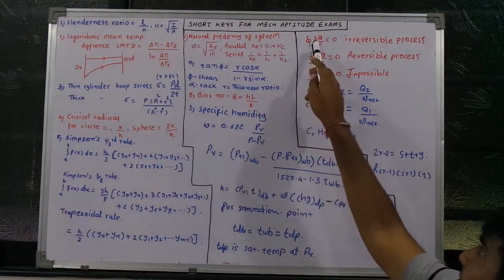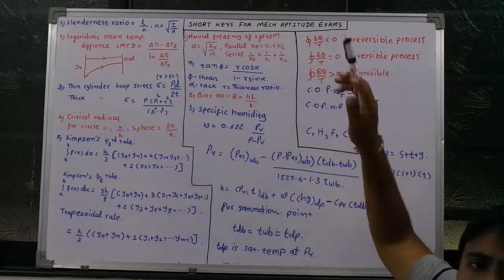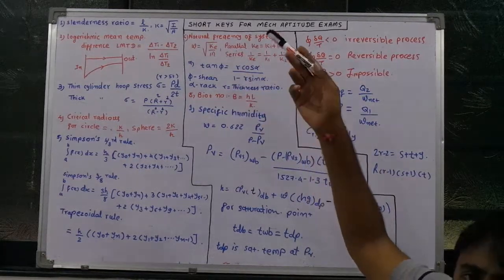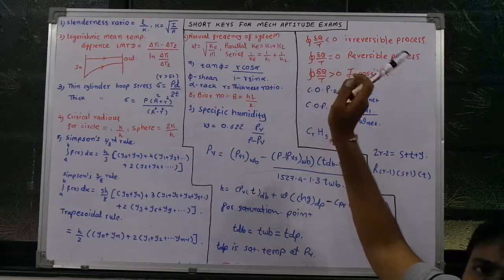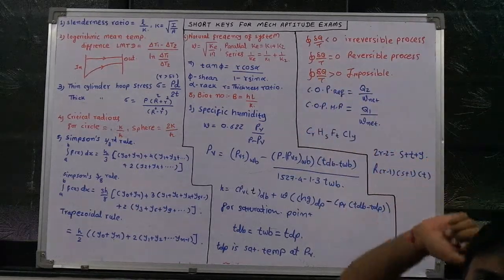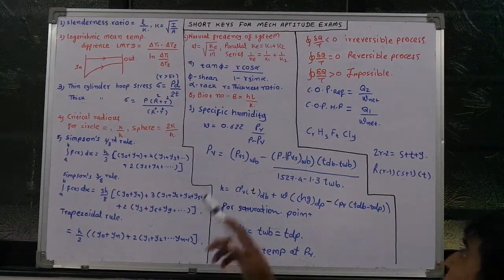If the answer is negative, then it is an irreversible process. Which one is more irreversible can also be found out. Also, if the summation dQ by T is equal to 0, then it is a reversible process, and if it is not possible, the summation dQ by T will be higher than 0.